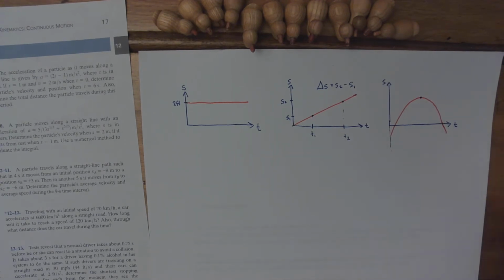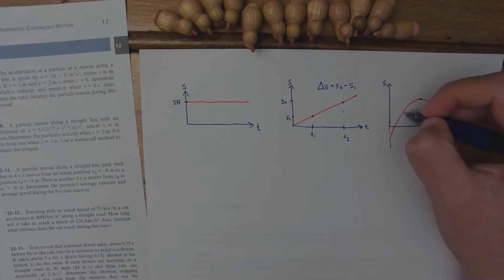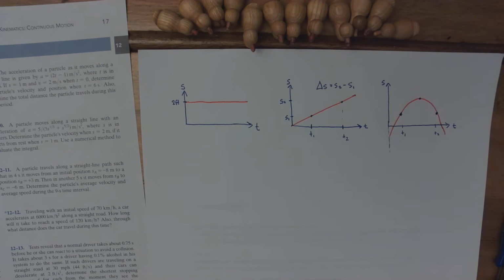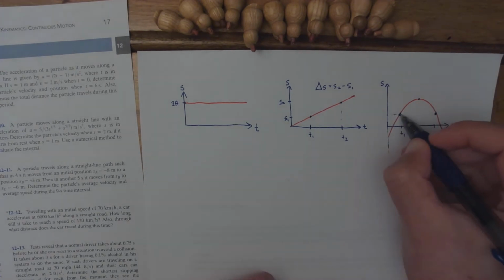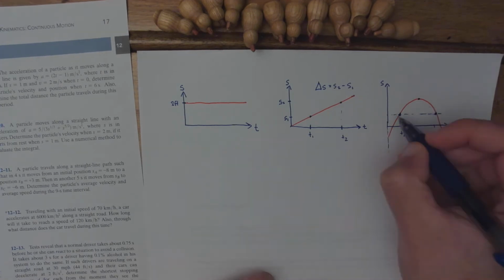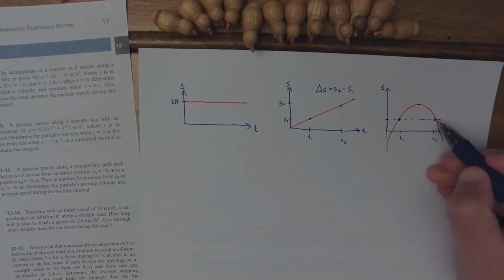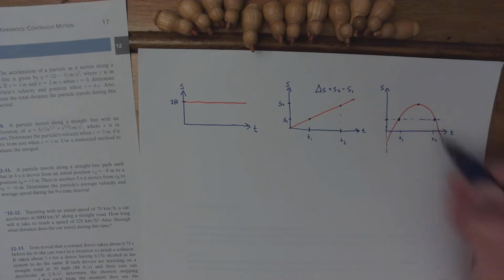And you could pick 2 points again. So let's say T1 is here and T2 is here, and I can calculate the position at T1 and the position at T2. In this situation, let's say that S1 and S2 are equal to each other. If you look at the displacement between time 1 and time 2, you would get 0.